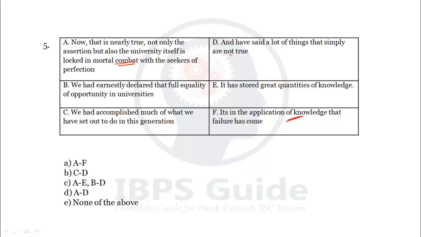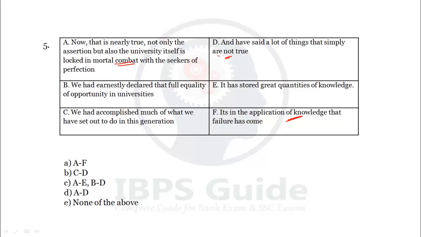But here it is not the same information. We had accomplished much of what we have set out to do this generation and have said a lot of things that simply are not true. That is, the first portion is positive, the second portion is negative. So and will not be applicable for this sentence. I mean to say it is a grammatically wrong sentence.